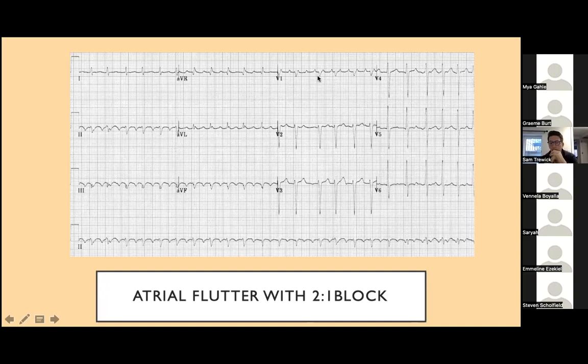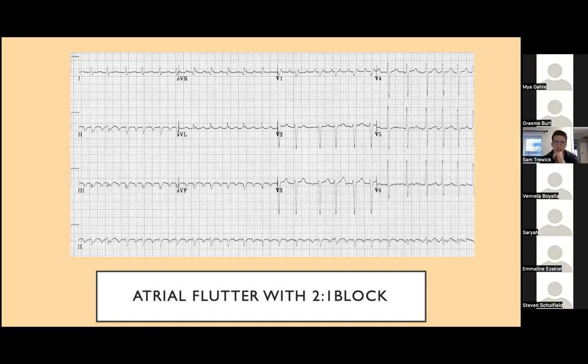And you were right in saying that if you look closely, some of them are slightly irregular, and that's just a reflection of it not being 100% 2-to-1 conduction block. Sometimes it's less than that, so there's a slight variation, but generally speaking, that's a 2-to-1.